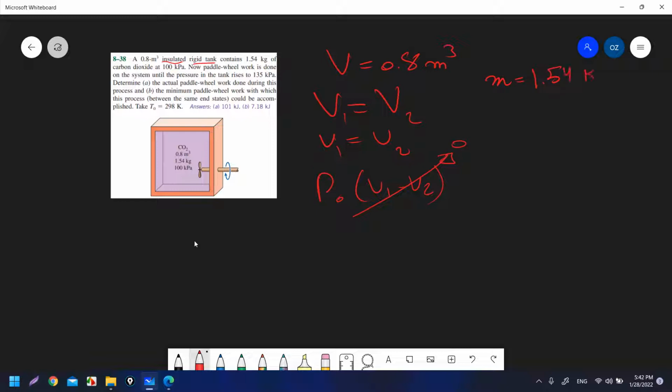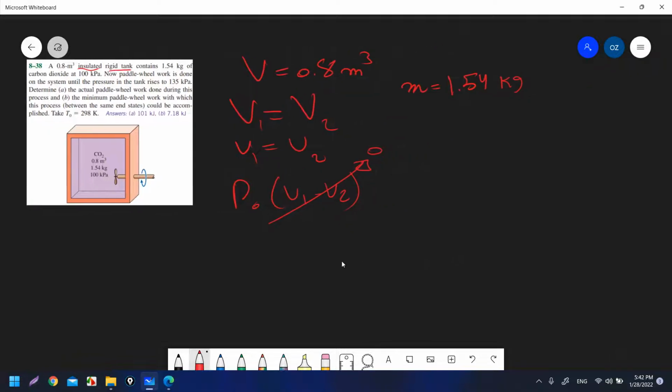1.54 kilogram, the mass of carbon dioxide, CO2, at the pressure, let's say it is P1, 100 kilopascal. Now, paddle wheel work is done on the system. This paddle will rotate and make work in the system, so it is work in.